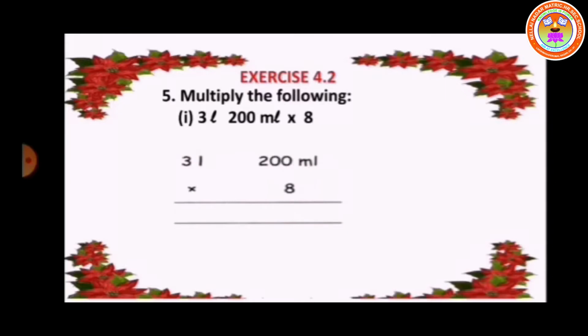First multiply milliliter. 0 into 8, 0, 0 into 8, 0, 2 8s are 16, here we'll write 6, 1 should be forwarded to the next digit. 8 3s are 24, 24 plus 1, 25, so the answer is 25 liter 600 milliliter.